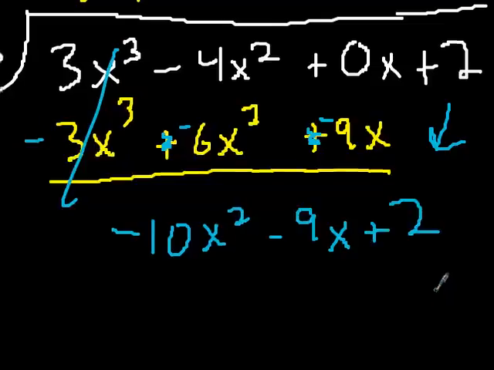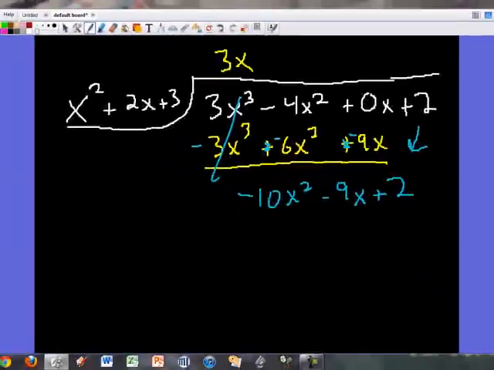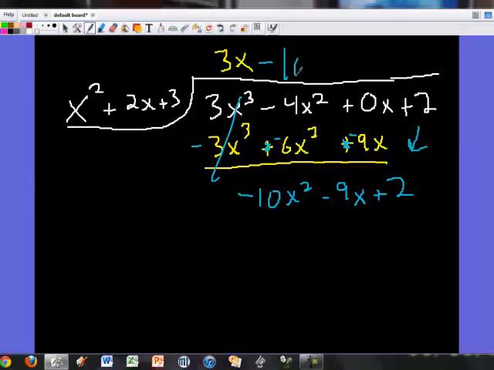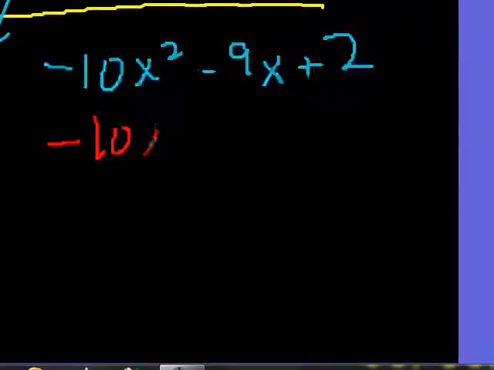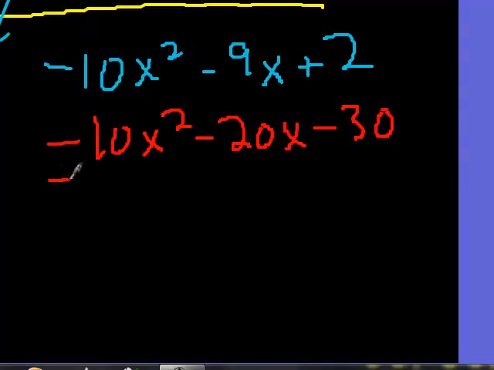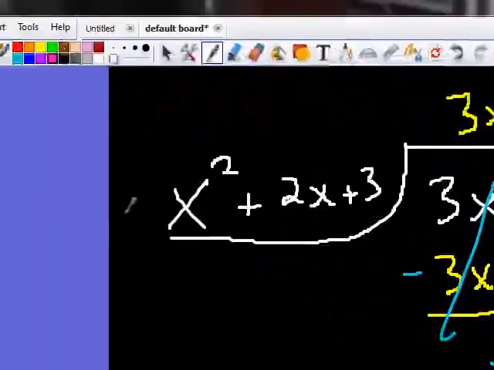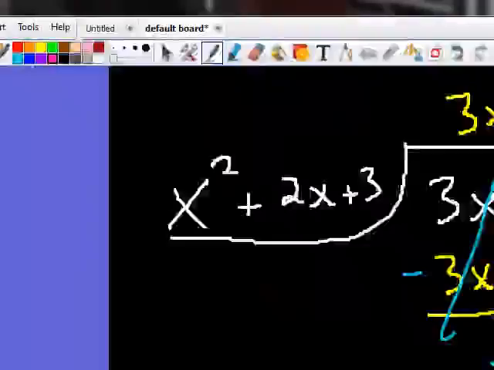Got it so far? If not, most likely right here, you made a sign error. That's the most common spot to make mistakes in these problems. Now divide again, you get minus 10. Change your signs.